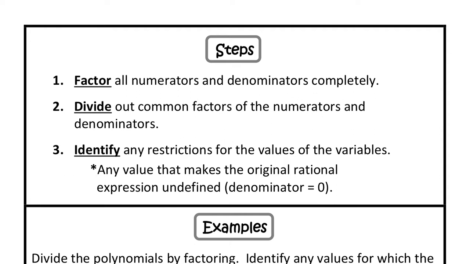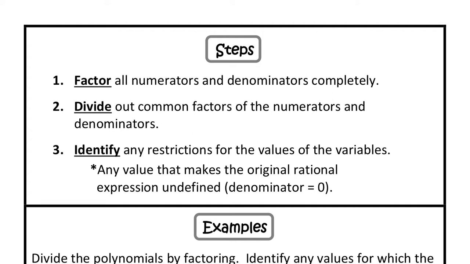As far as steps go for factoring, there are 3 main steps. First, we want to factor all the numerators and denominators completely. If you have a fraction, you look at the top and the bottom of the fraction. Numerator is the top, denominator is the bottom.